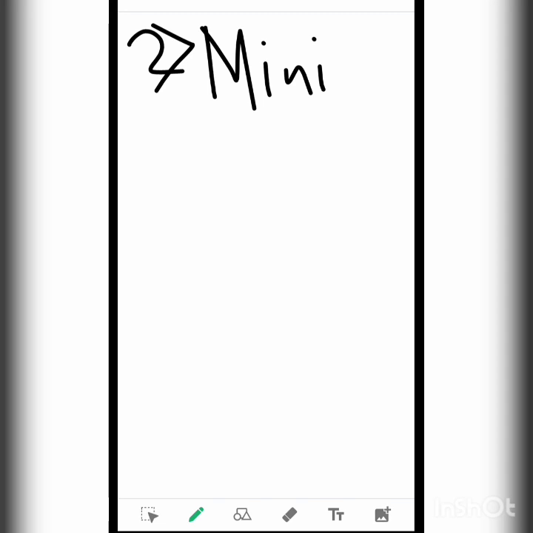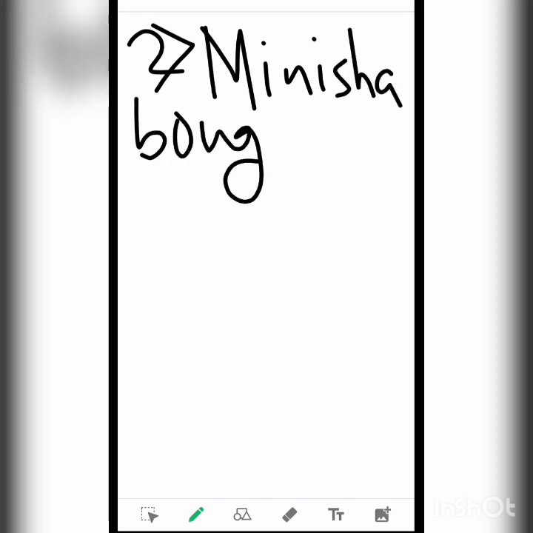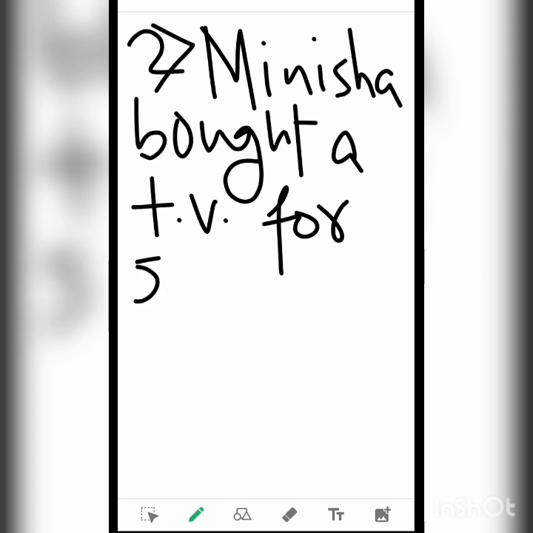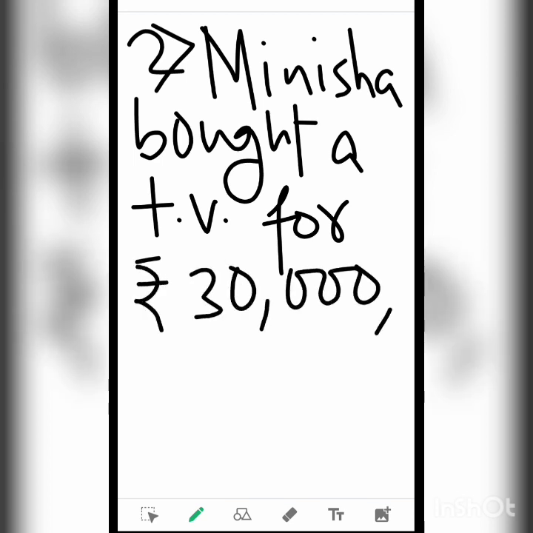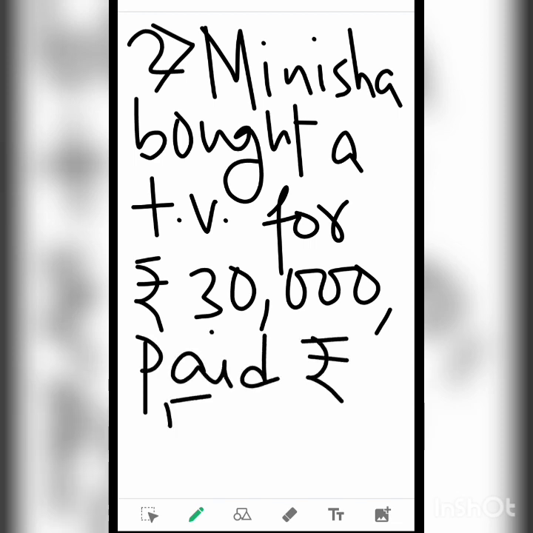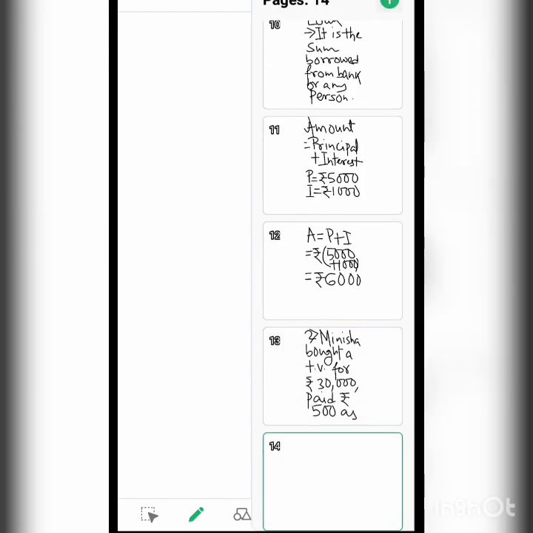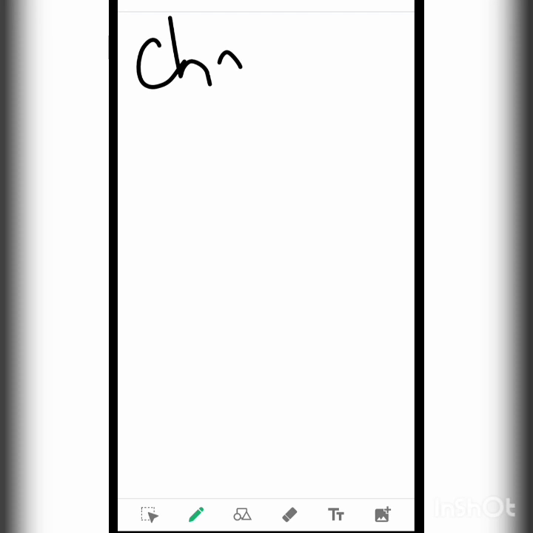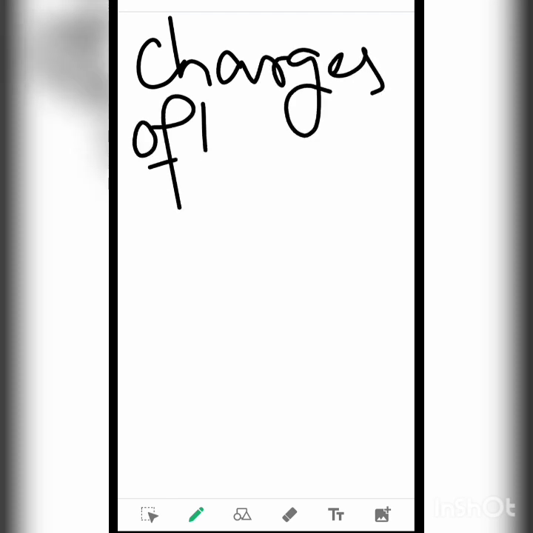Minisha bought a television for rupees 30,000, paid rupees 500 as charges of transportation.